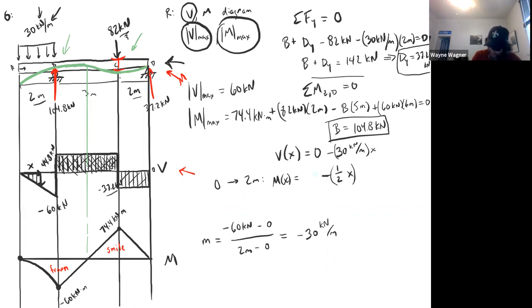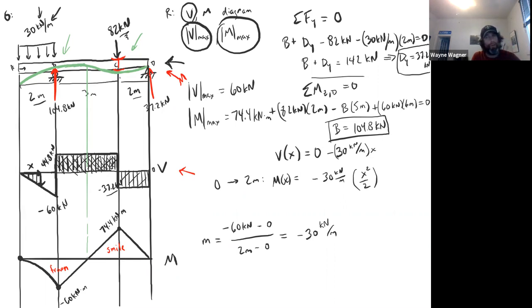And you'll see this negative 1/2 x is going to come out. So we're going to integrate the shear line. The 0 goes away. Negative 30 kilonewtons per meter remains, and that x is going to become x squared over 2.